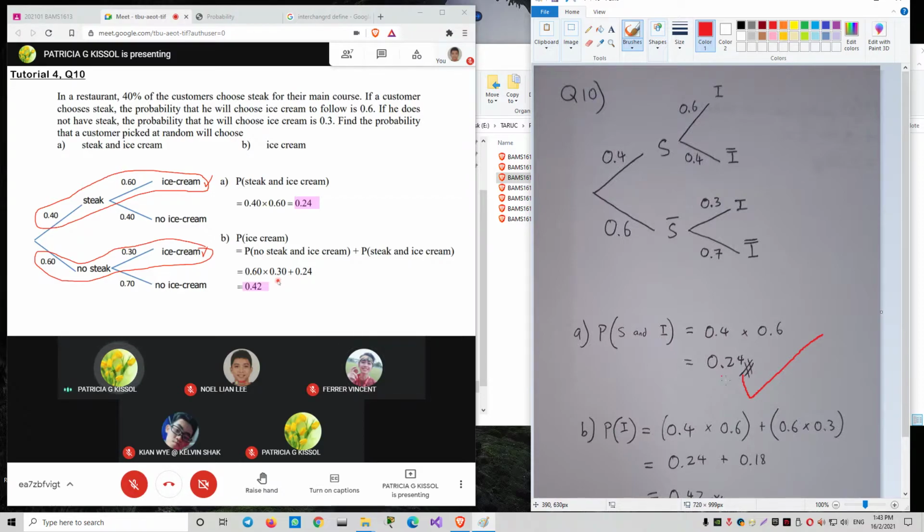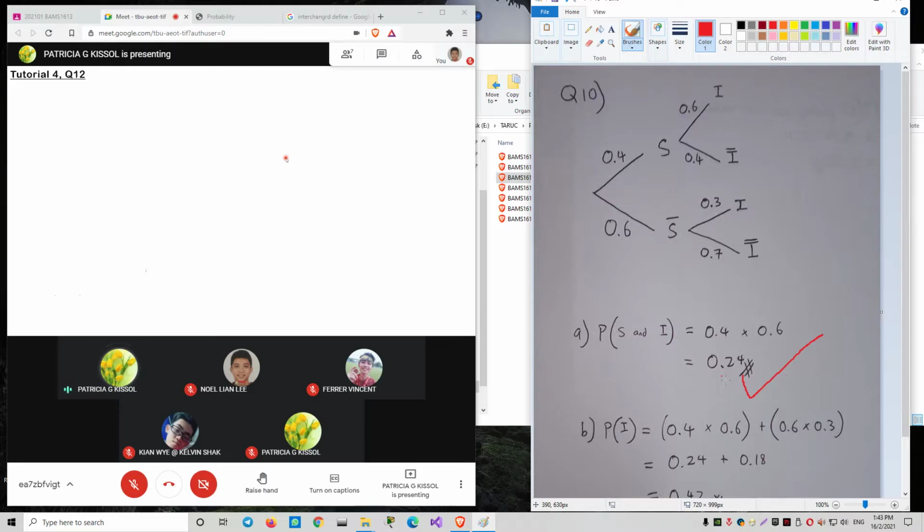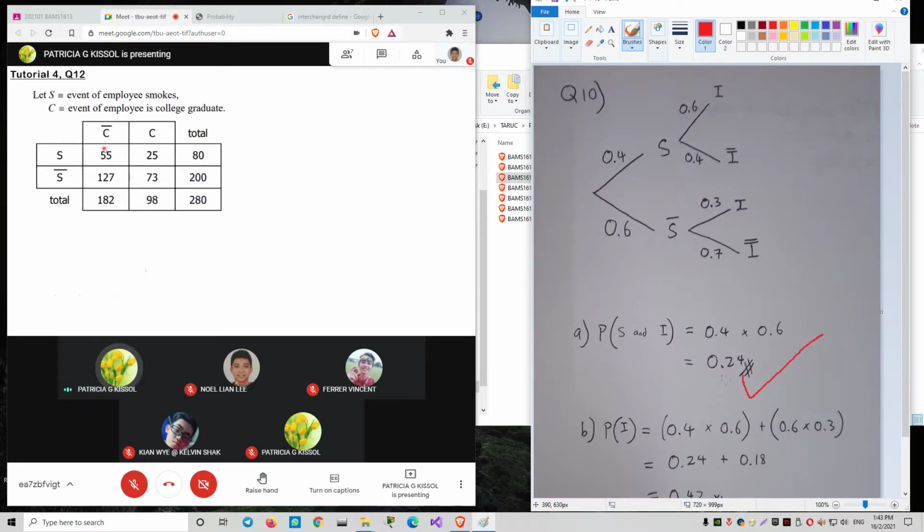Right, so moving on to the last question. Oops, my animation is not good. You can see from the question, there is the table here, which I did not do the animation well. You can see the values actually. This is the question, which is representing 55 and 25, 127 and 73.